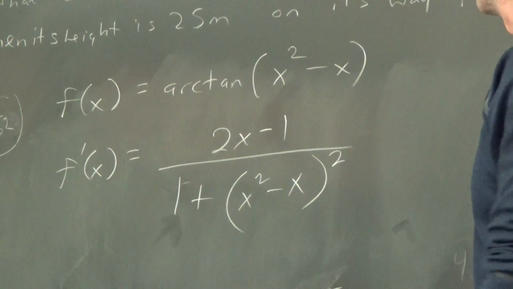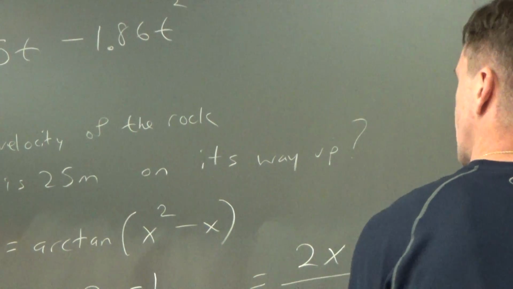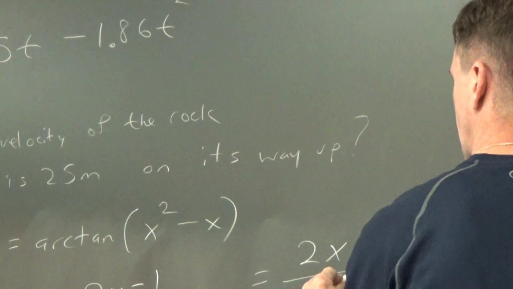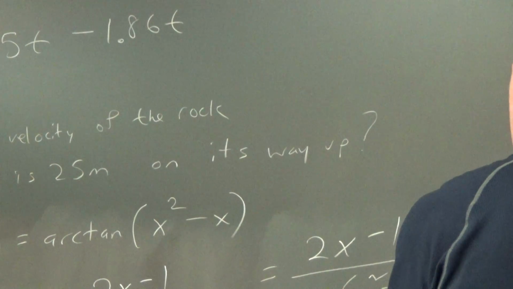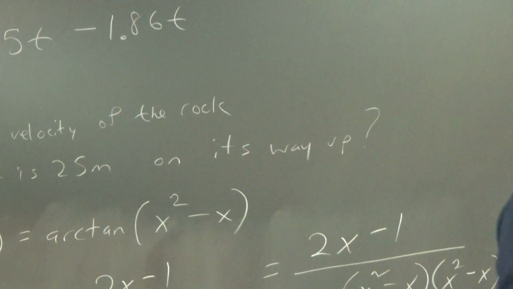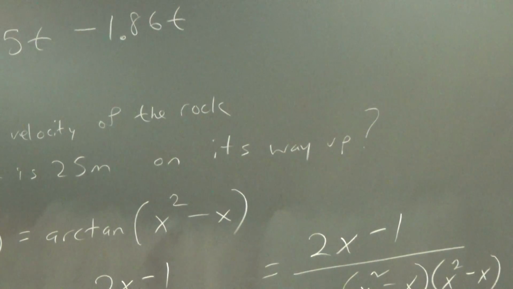All right, let's play with this. Let's expand that. What's x squared minus x, squared? X to the power 4 minus 2x cubed plus x squared.